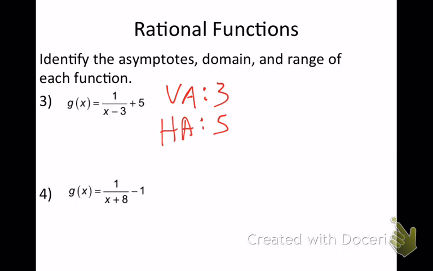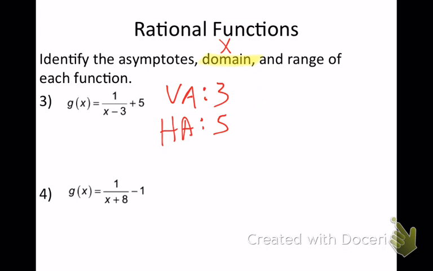So domain. Who remembers what domain means? Domain is my x values. So basically, what x values can I plug in? Now, when we talked about this, remember, the denominator can't be 0, right? So what can x not equal? 3, because that was my vertical asymptote.